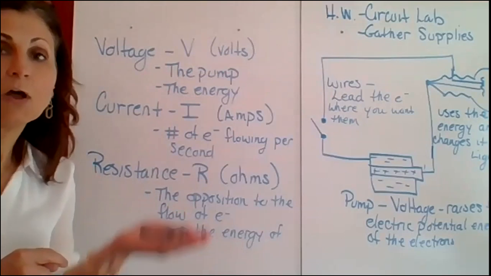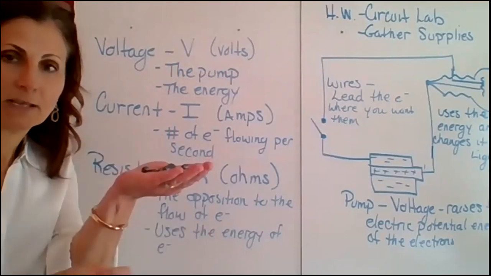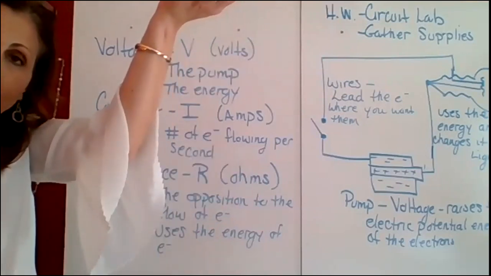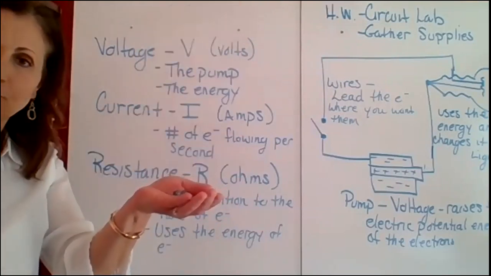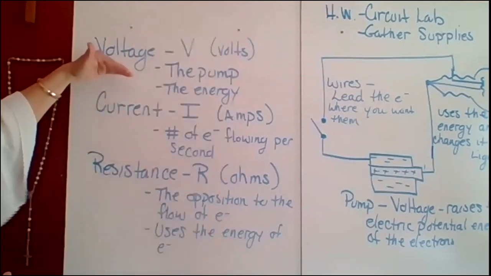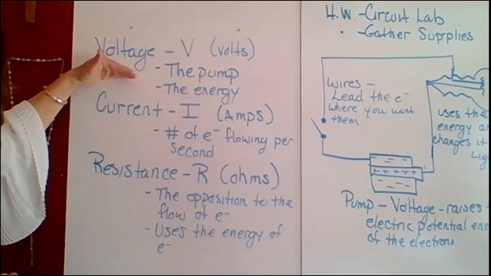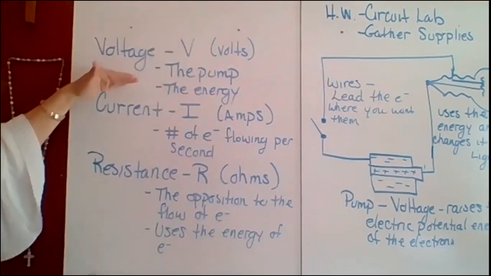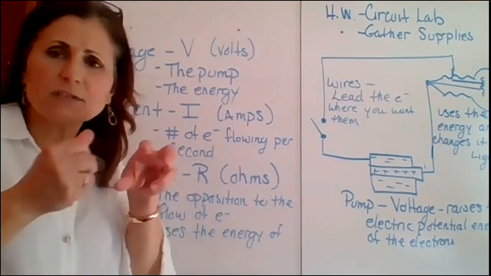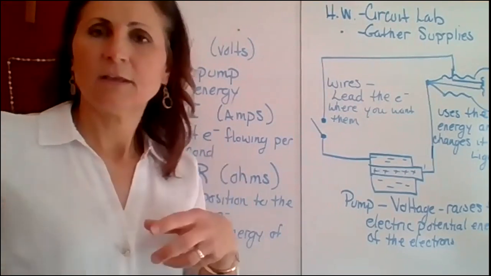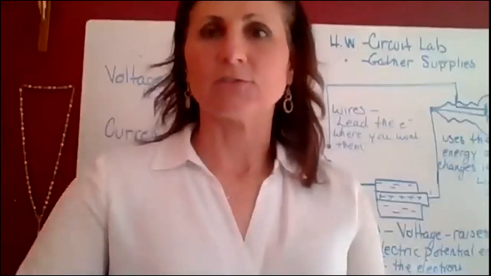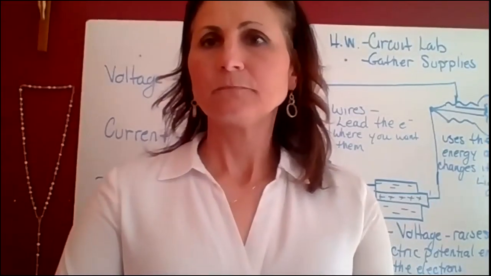But I could lift a lot of marbles not very high and make the wheel spin, or I could lift a few marbles higher, giving them more energy, making the wheel spin, or I can lift a lot of marbles very high. So how high I lift them would be your voltage, the energy you give, and the amount of these marbles would be your current. How hard it is for these marbles to go through that path would be the resistance. And as they go through, they use up their energy to pass through.